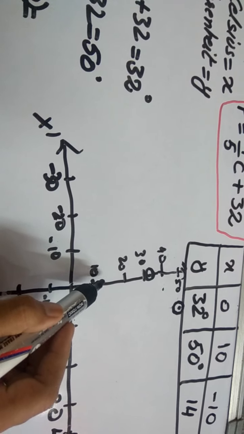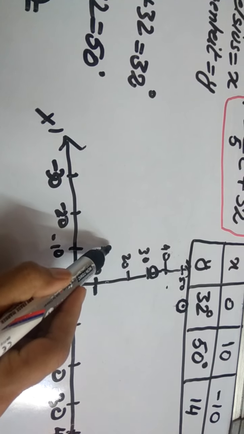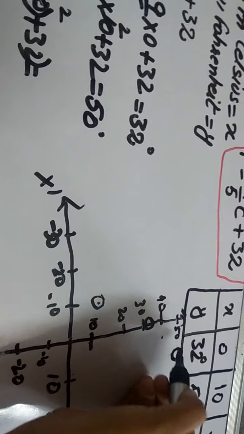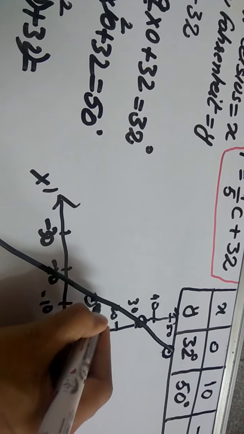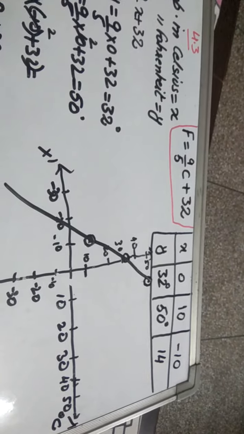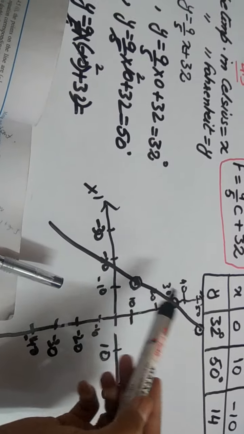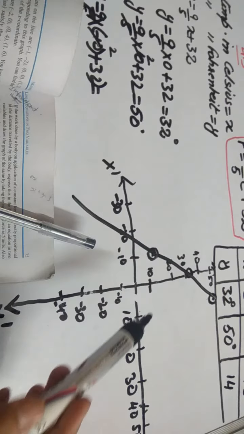So from minus 10, 4 points up, we will get 14. So somewhere we'll get it here. So dear students, when you join it, you will get a straight line, and it should be a straight line when you draw it. So in this way you will get the graph. Now when you make it on graph paper, you will get an accurate straight line because it has been drawn roughly. So we are not having a straight line.